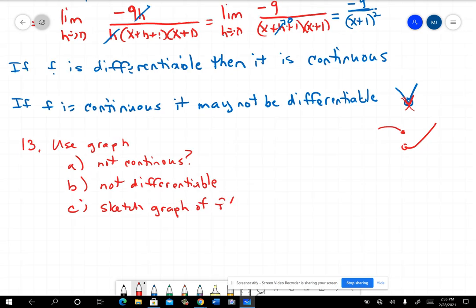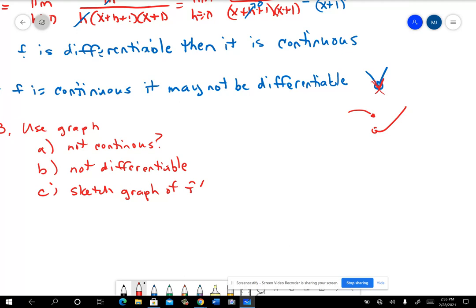Okay. All right, so let me try to reproduce the original graph. So the original graph looks like this. Okay, so it does something like that. And then mine has a little open circle right there, and then it's got a closed circle right here.